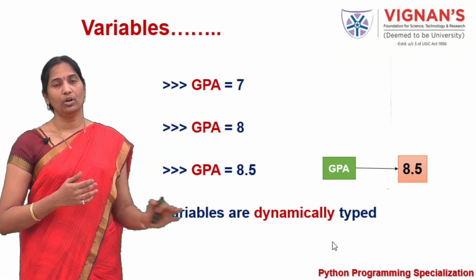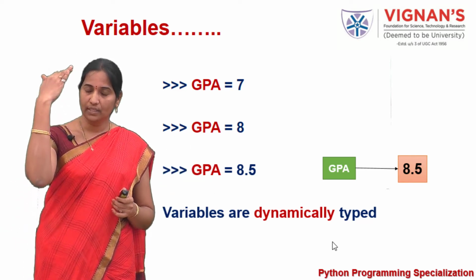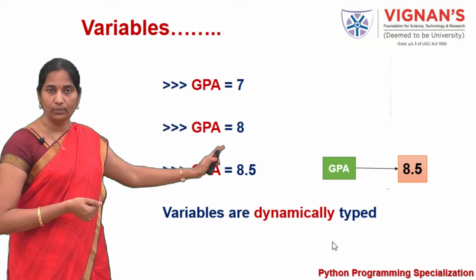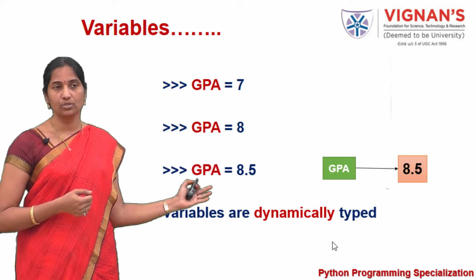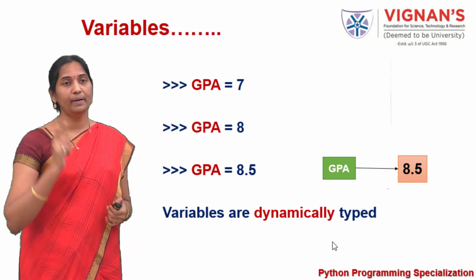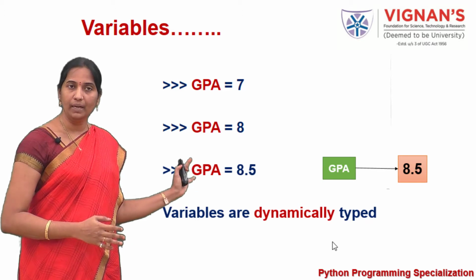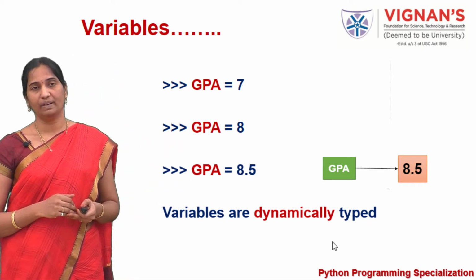But in Python, it's not like that. They are dynamically typed. Once you have stored an integer, later you can update it with a floating point number, or even later you can store a string also. But remember, at any particular point in time, a variable can hold only one particular type of value. It cannot have multiple values.